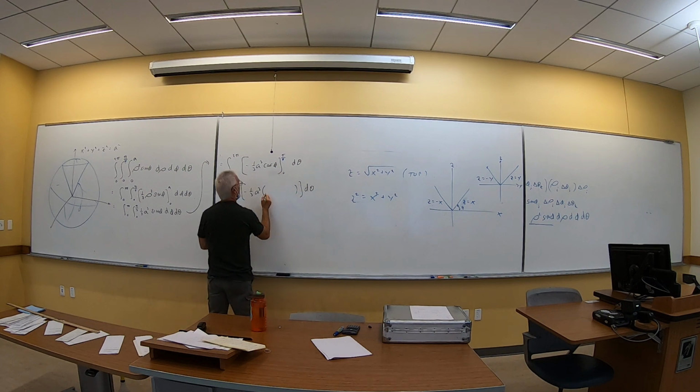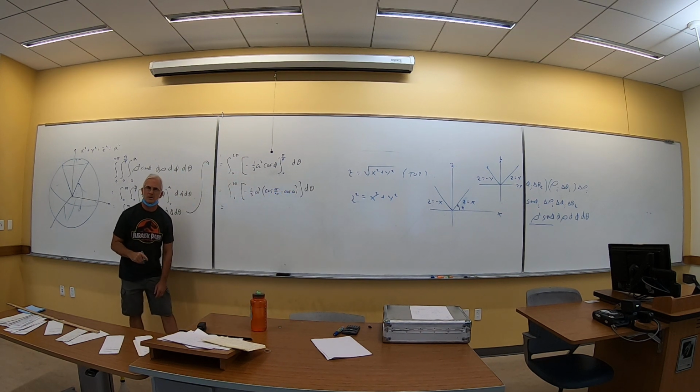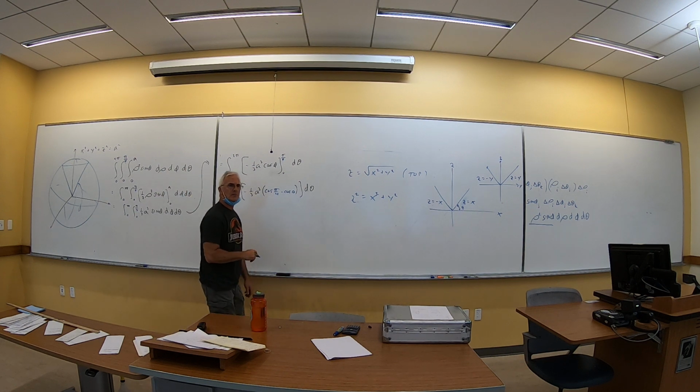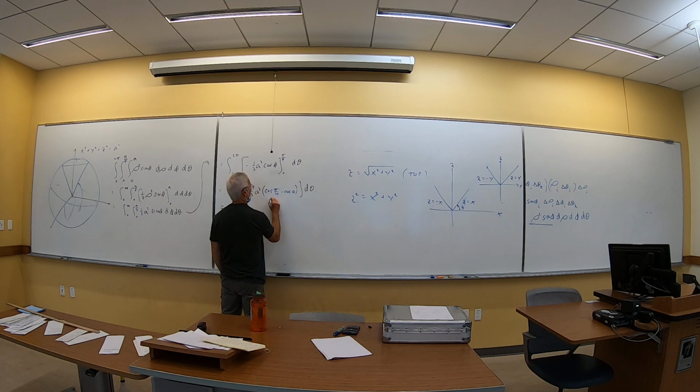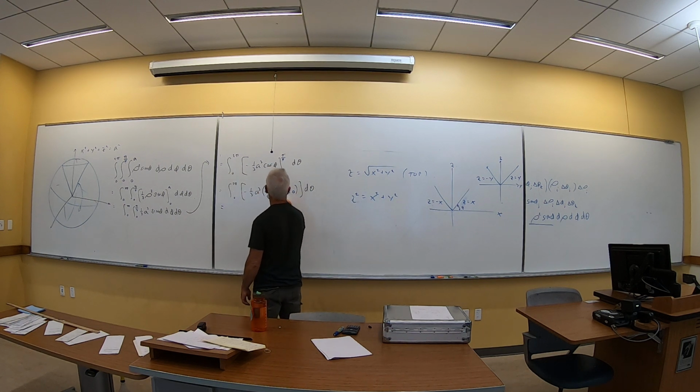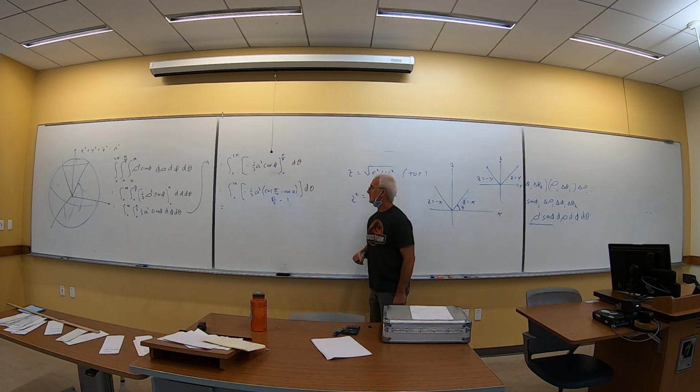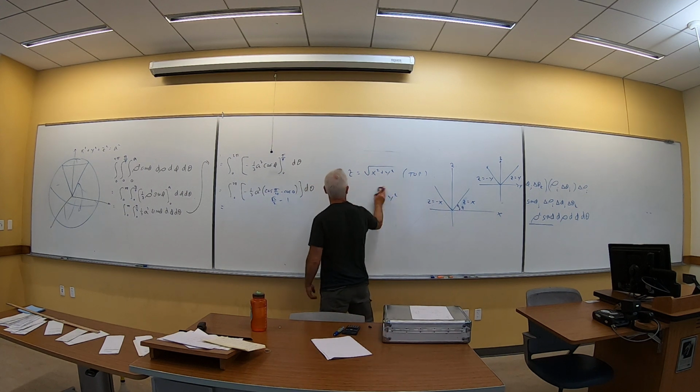So now it's cosine pi over 4 minus cosine of 0. What's the cosine of pi over 4? Root 2 over 2. Okay. It's not as pretty now, is it? That's correct. It just doesn't look as nice as it did before.